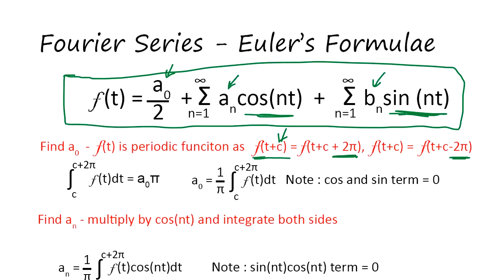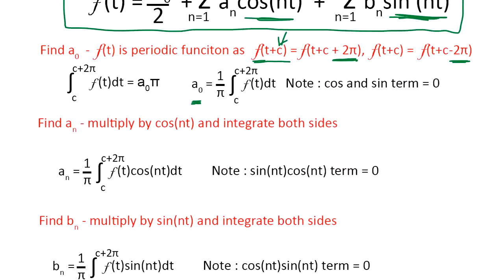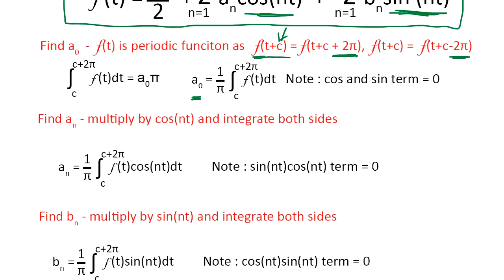When you take an integral on both sides from c to c plus 2 pi, then simply cos and sine become 0. So we can get the coefficient a0 as 1 over pi and the integral of f(t). Now, how about an? An is the same way.